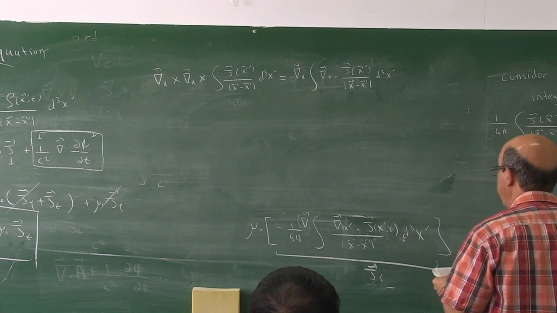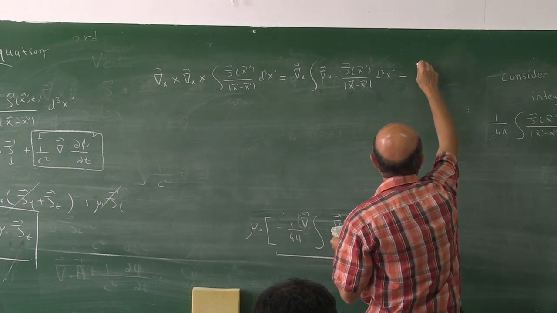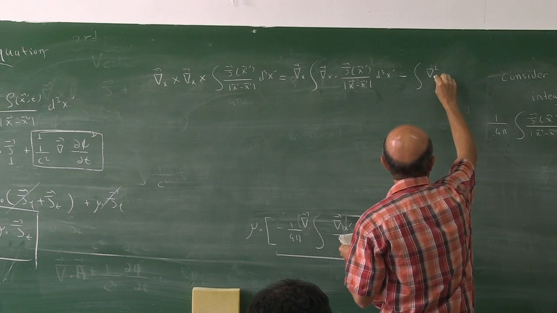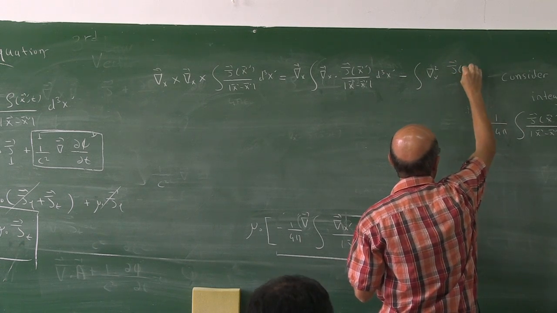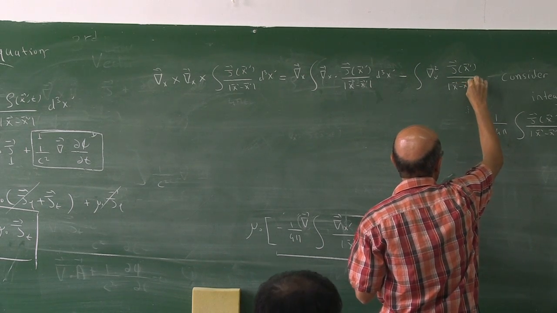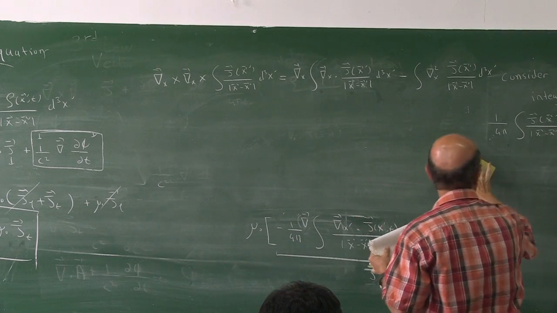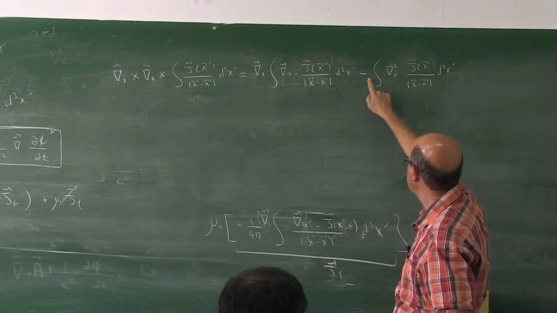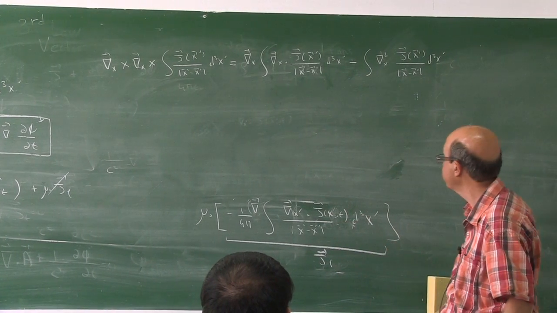Other term, minus Laplacian with respect to x of current density, which depends on x prime, divided by x minus x prime d cube x prime. Again, this Laplacian operator enters the integral because it is affecting only x.